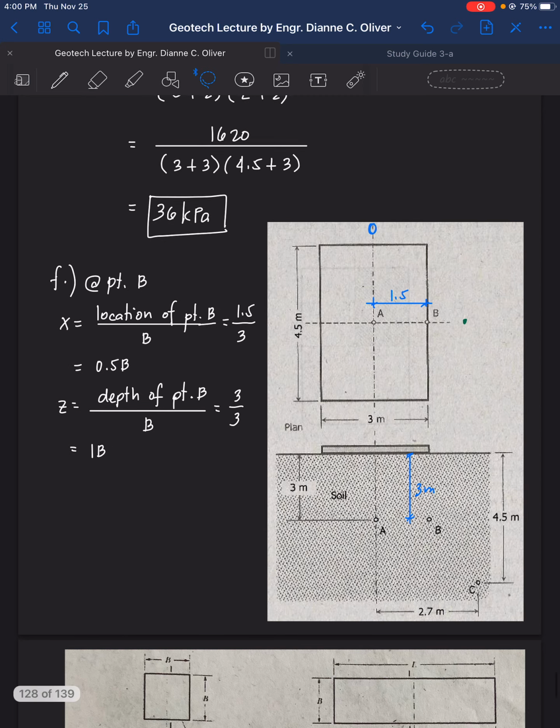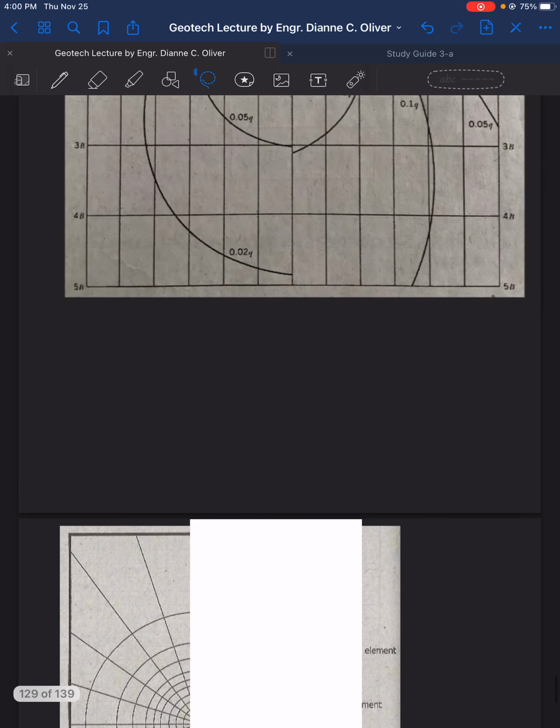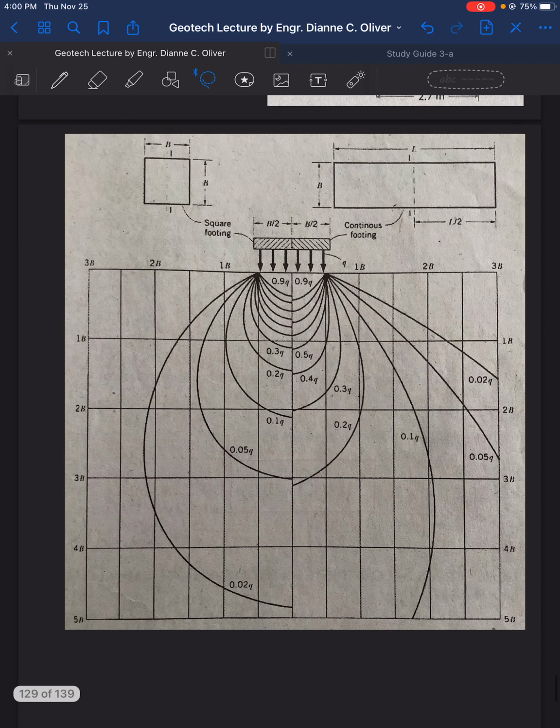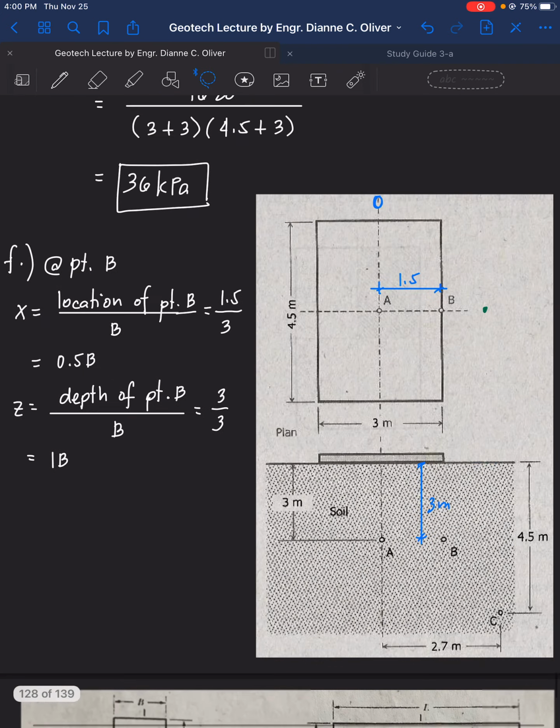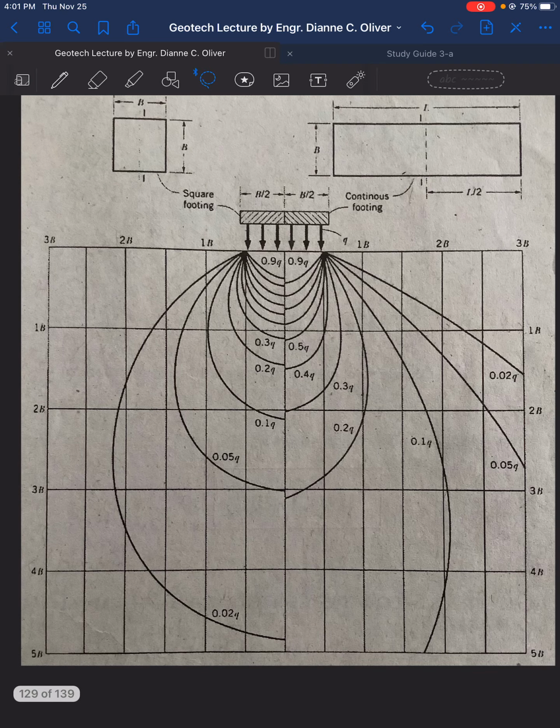So let's locate that point. X is 0.5B, and Z is 1B. Which one are we going to use here, the square footing or the continuous footing?